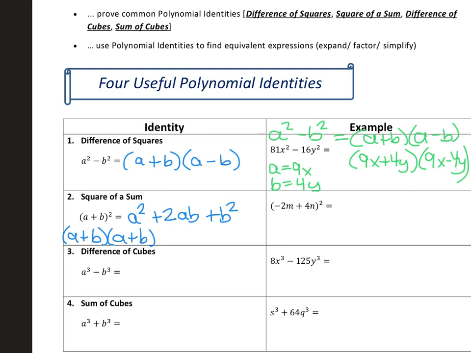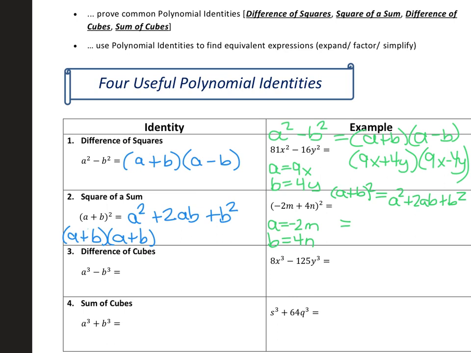Okay, so I have an example over here. I have a sum where our a term is negative 2m, and our b term is 4n, and we have a plus b being raised to a power of 2 equals a squared plus 2ab plus b squared.